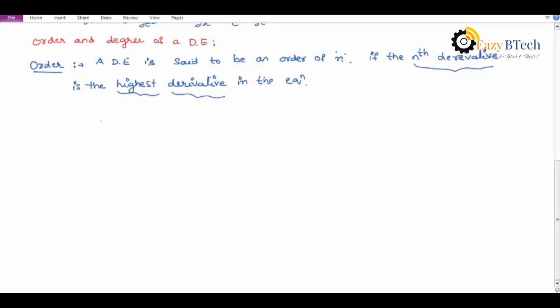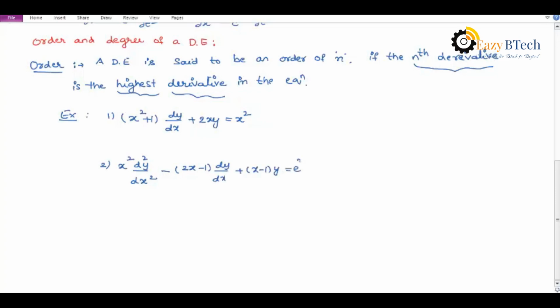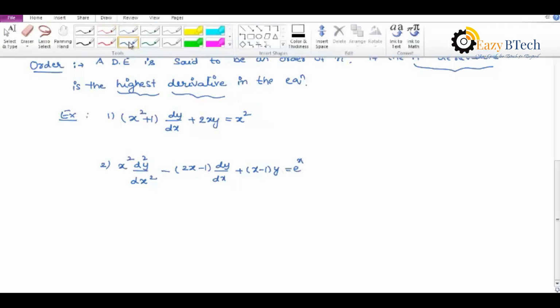So for example, (x² + 1) dy/dx + 2xy is equal to x², and a second example, x² d²y/dx² minus (2x minus 1) dy/dx plus (x minus 1) y is equal to e^x.